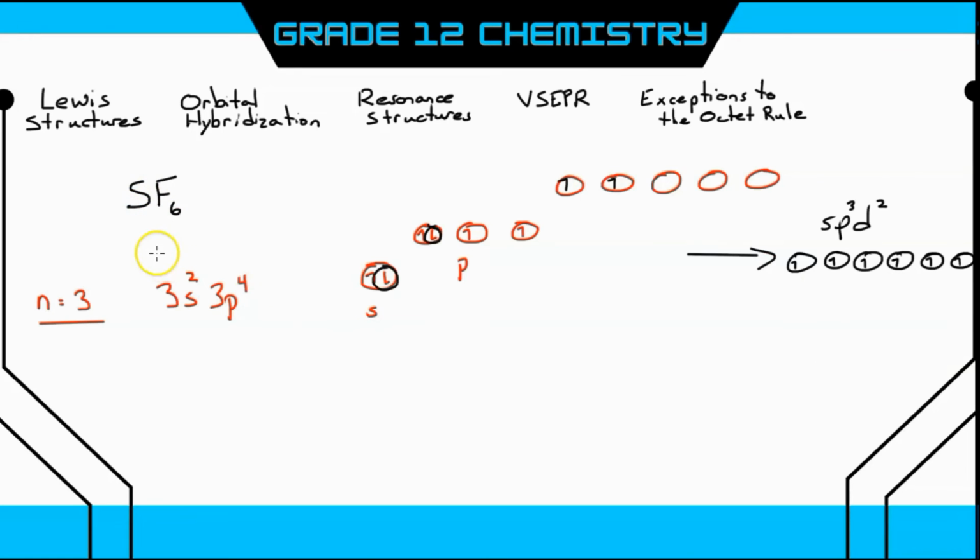Okay, how are we going to draw this one? Well, what we're going to do is, let's take sulfur, let's put a fluorine right above it and one right below it, and then we can fit 4 of them around, all at 90 degrees to each other. So let's put one here and then one out in front here.